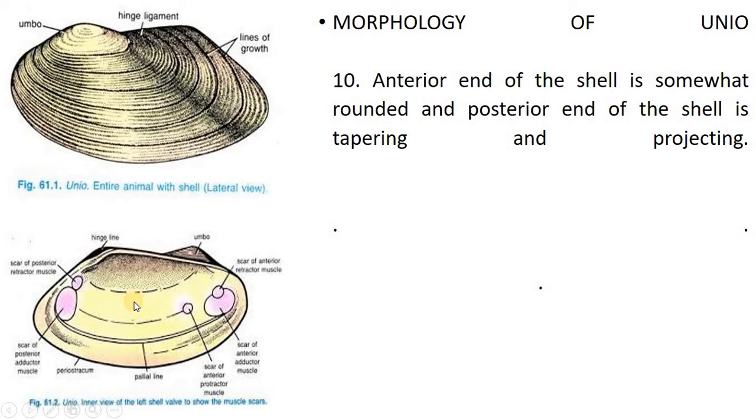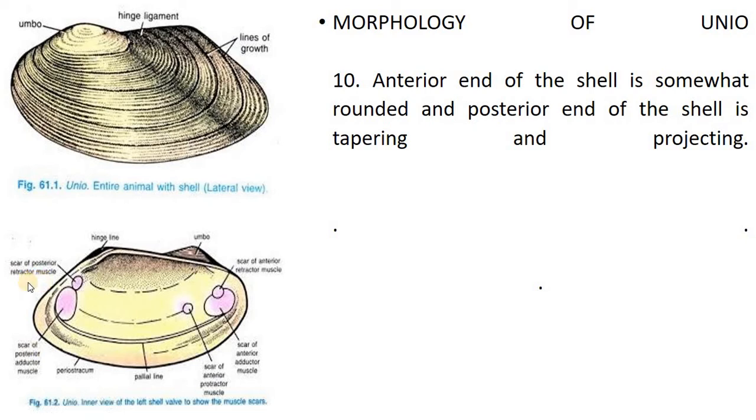This diagram is a very unique diagram. It shows the inner part of the shell, where you find the umbo, the hinge line, the hinge ligament, the scar of the retractor muscle, the scar of the anterior adductor muscle, the scar of the anterior protractor muscle, the pallial line where the mantle is found, the periostracum, the outermost layer of the shell, the scar of the posterior adductor muscle and the scar of the posterior retractor muscle.